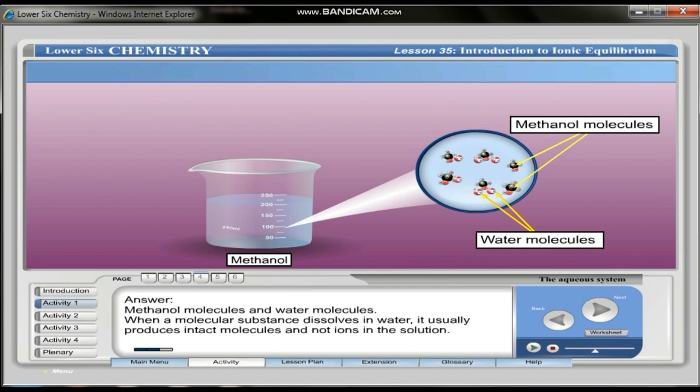When a molecular substance dissolves in water, it usually produces intact molecules and not ions in the solution.